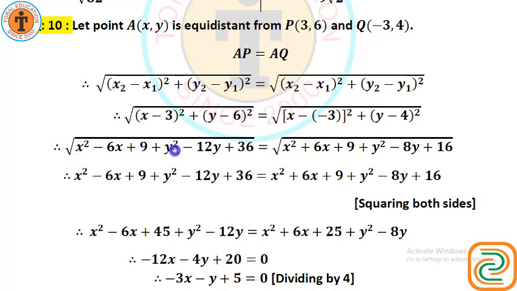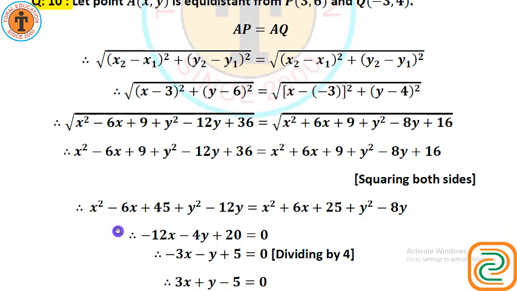When we expand (x minus 3) whole square, we get x square minus 6x plus 9 plus y square minus 12y plus 36. Similarly, on the other side it is minus minus plus. Now squaring on both the sides, we remove the square root. So x square and x square cut off. Look at this, 9 plus 36 is 45.